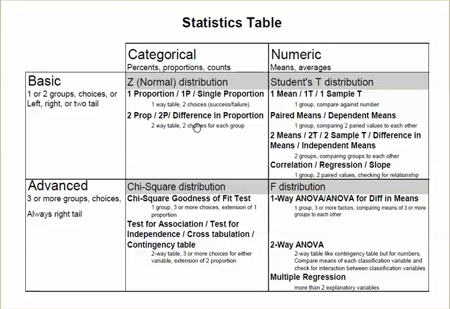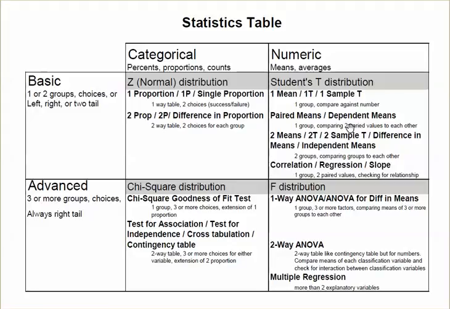So for example, hint, hint, if you're doing a project and you're asked why you picked a specific test for this question, you could say, well, I'm using a two proportion difference in proportion test because the data is categorical and there's only two groups. There you go. You've just explained why you're using a specific type of test.